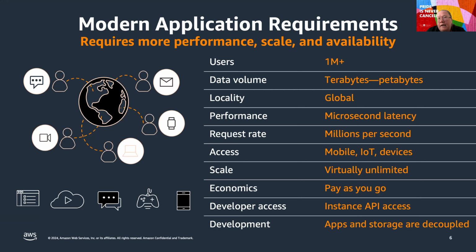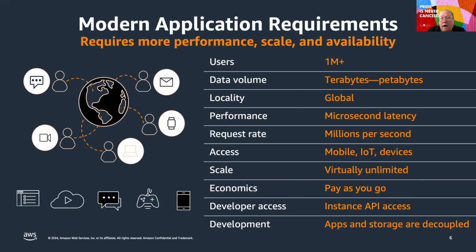So basically the scale is virtually unlimited. The economics to thrive in this kind of environment has to be pay as you go, because if you paid for the maximum that it might get to, you would run out of money before you begin.